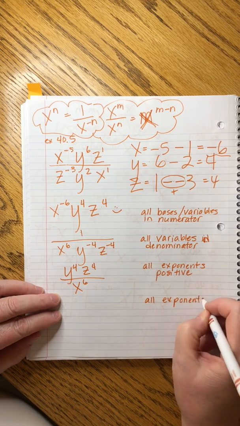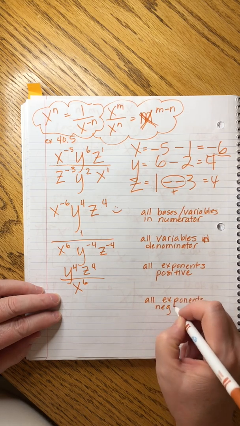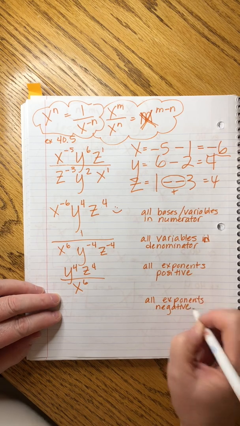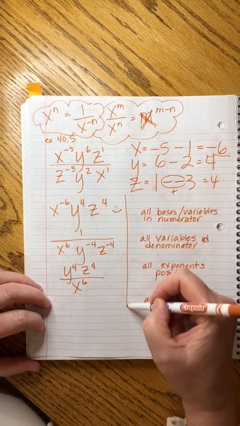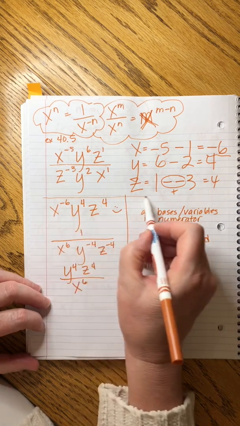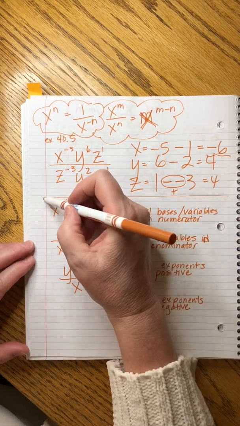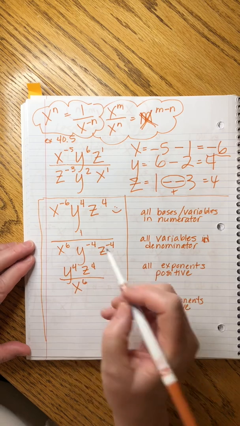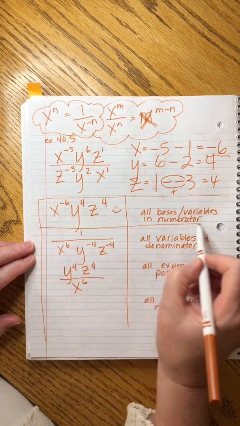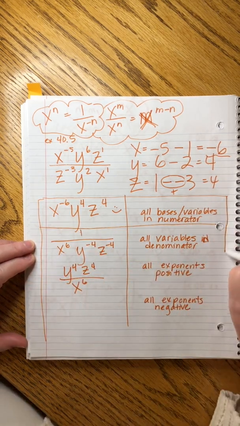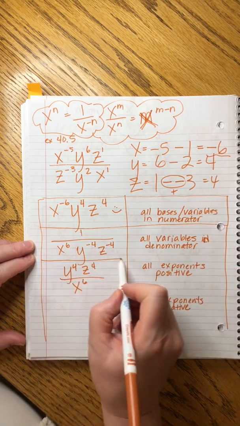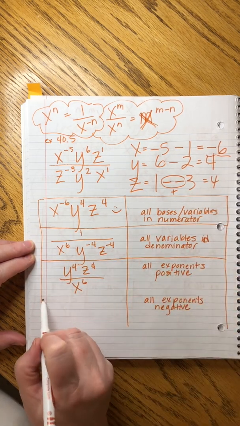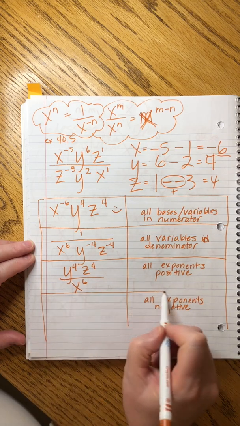So there is the way we can write all the exponents positive, and then our last one is all exponents negative. Going back to our original, here, let me do this, just to kind of create a little more organization to our answer. My lines are a little wobbly, but putting these guys in boxes helps us keep it all straight.